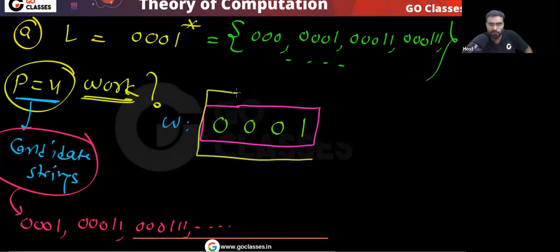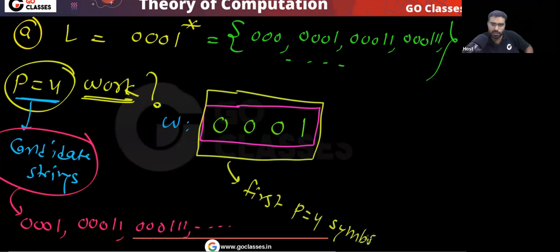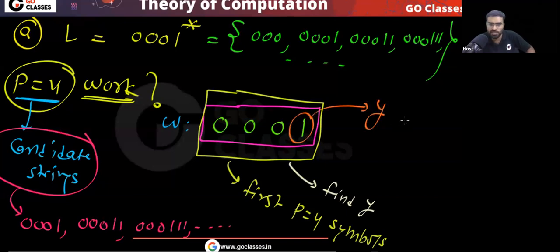Remember, these are the first P symbols, so in this area you find Y. So tell me which Y will work? Yes, you can take this Y. This Y works. You can notice Y is non-empty, and you can repeat this Y any number of times. The result will belong to the language.